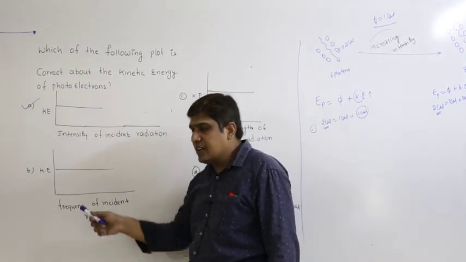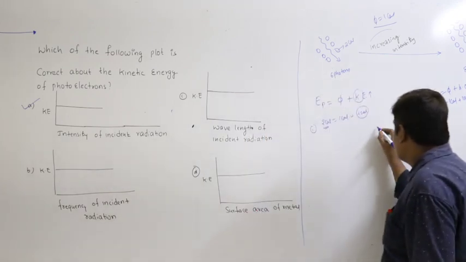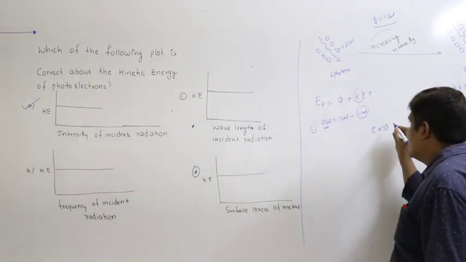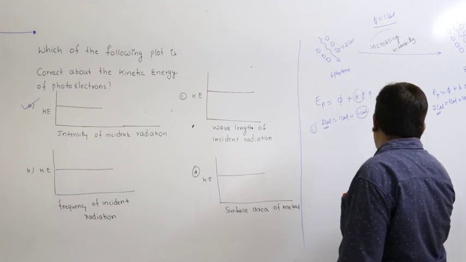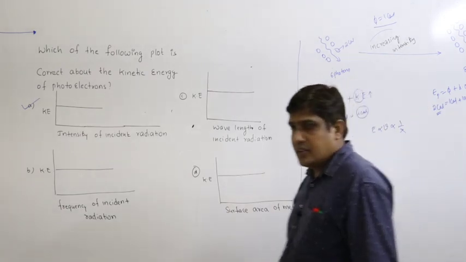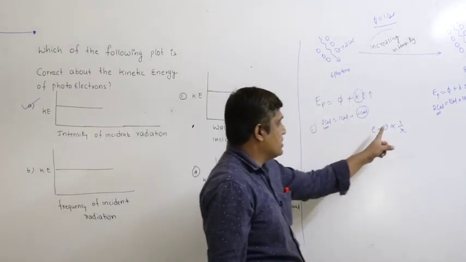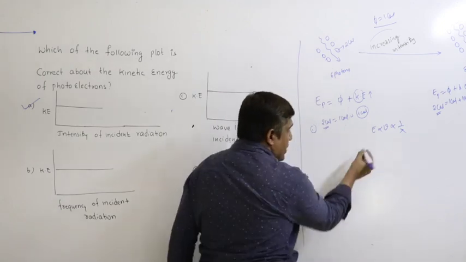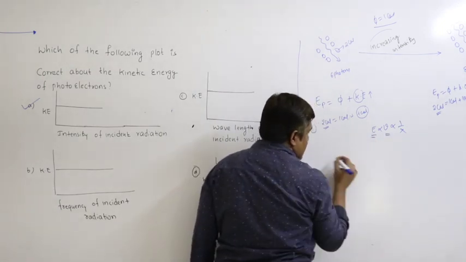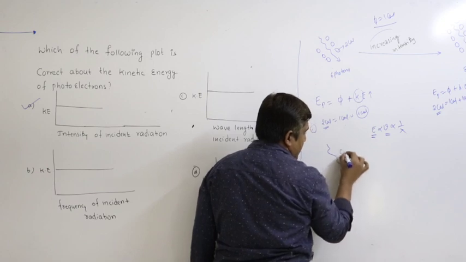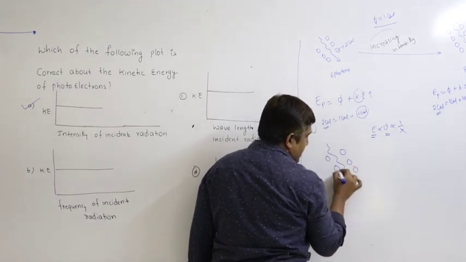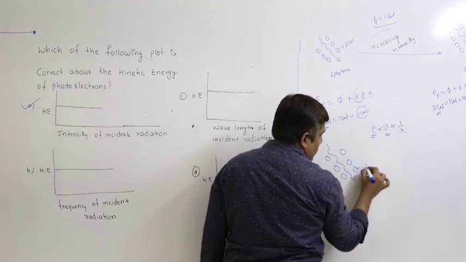Coming to frequency. Again, energy is proportional to frequency, inversely proportional to wavelength. When I increase energy or frequency, what happens? Say 6 photons are emitted, 2 calories.